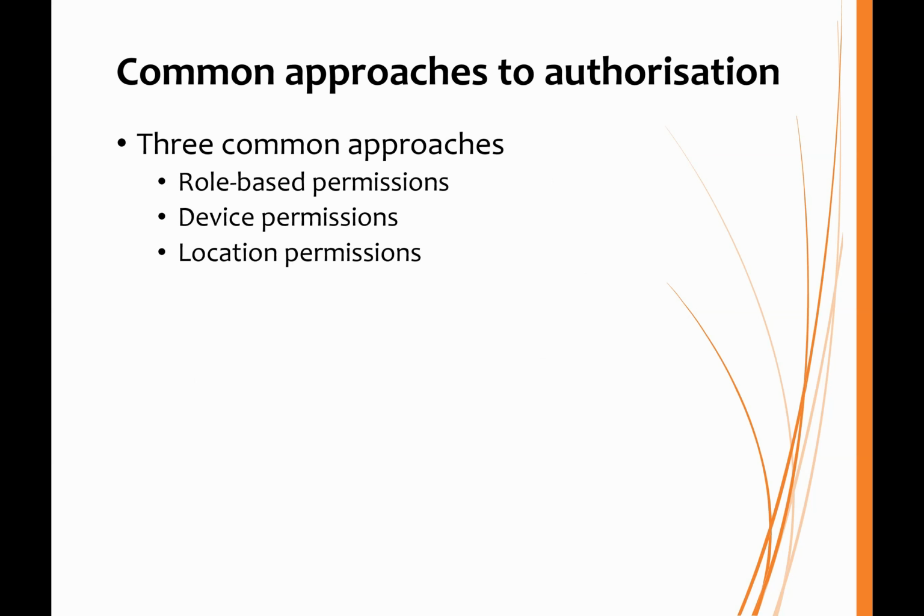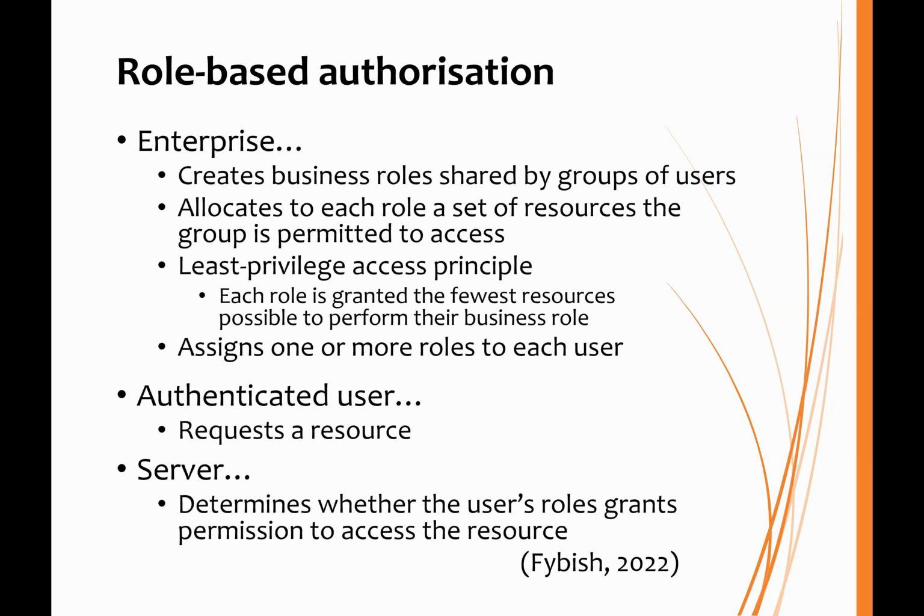And there are three common approaches to authorization: role-based, device, and location. Role-based is probably the most common. What an enterprise will do is to identify groups of users based on business roles, and each role will be allocated a set of resources that they are permitted to access.